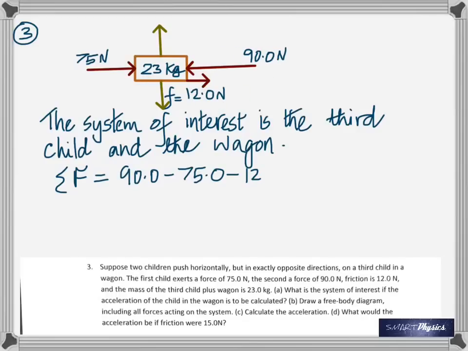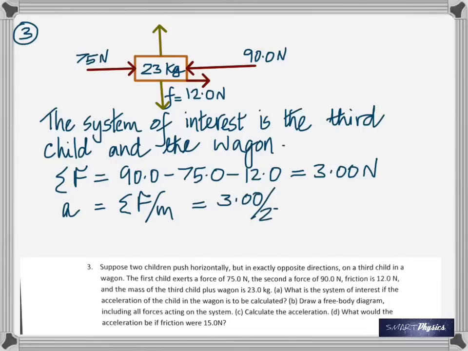And 90 is the biggest force. So 90 minus 75 minus 12. That's clear, isn't it? So the net force is 3.00 newtons. Acceleration is net force divided by mass. So mass is 23.0, therefore the acceleration is 0.130 meters per second squared.